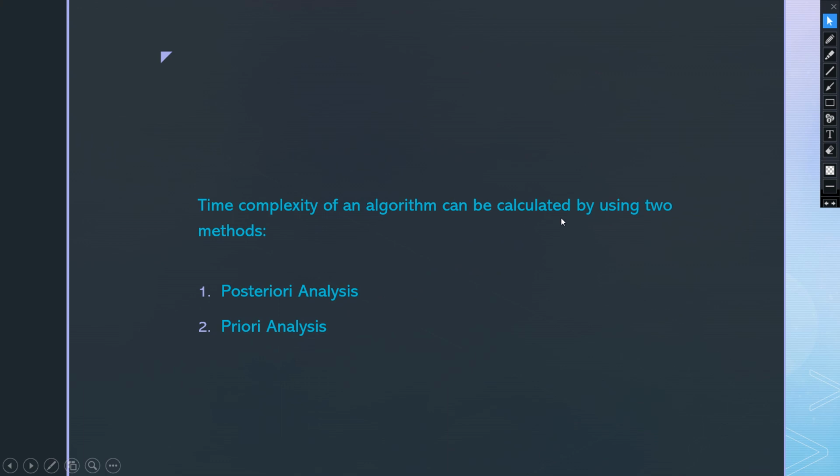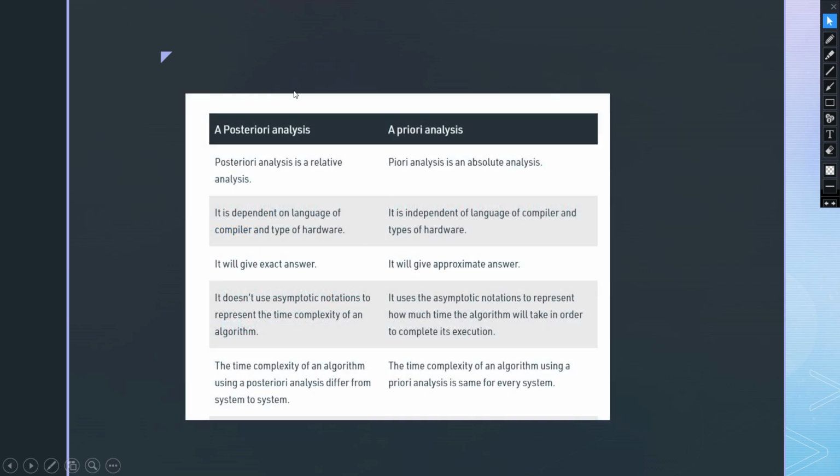Time complexity of an algorithm can be calculated using two methods: posterior analysis and prior analysis. What is the difference between posterior and prior analysis? Posterior analysis runs the algorithm on a specific system and analyzes it after running. Posterior analysis is a relative analysis, while prior analysis is an absolute analysis.